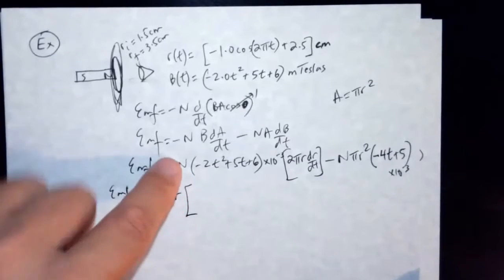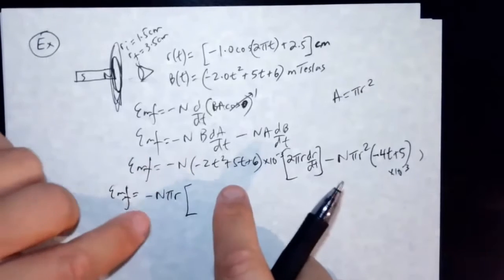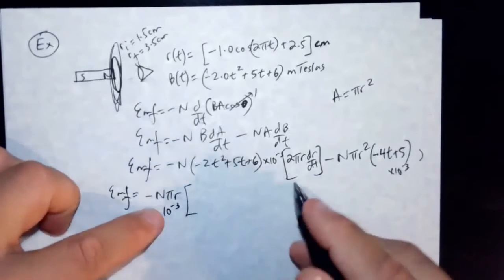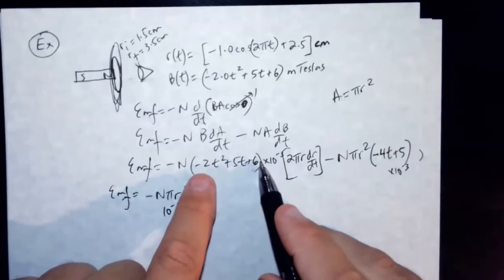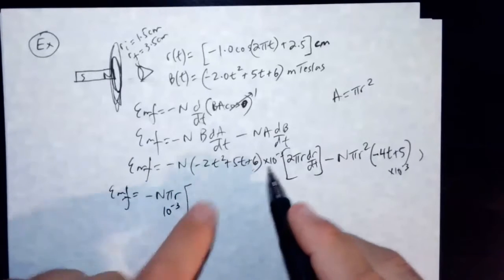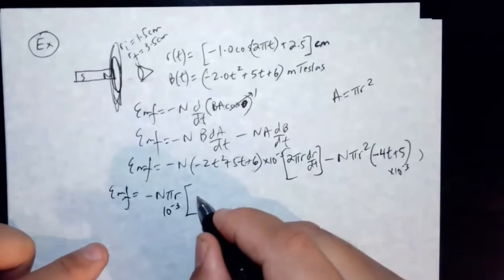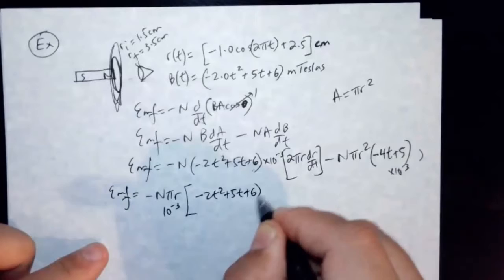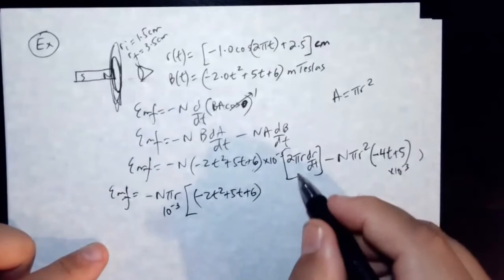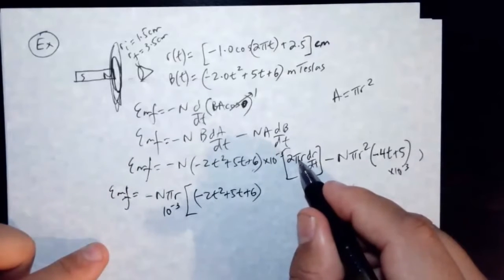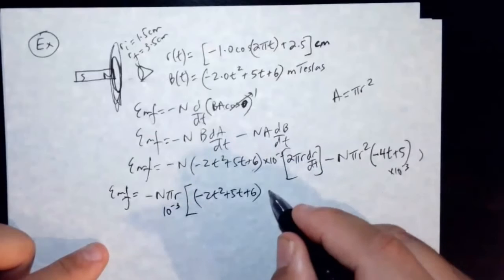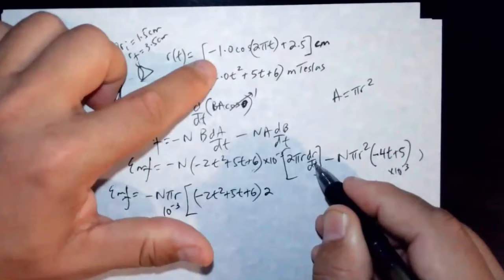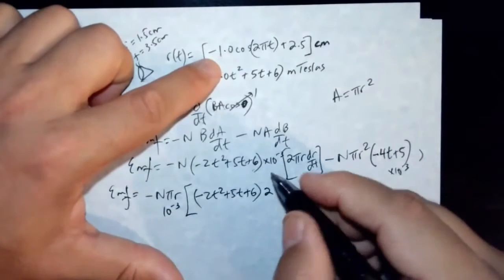Then this negative disappears, and then you're just left. And then let's factor out the 10 to the minus 3. Okay, so then we're left with this guy only. And then pi is gone, r is gone, so you're just left with 2 dr dt, and then dr dt is going to be the derivative of that guy.